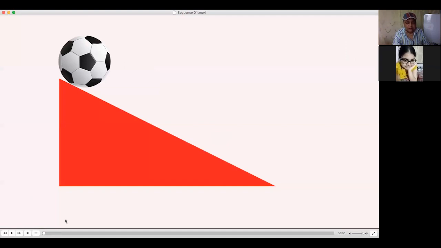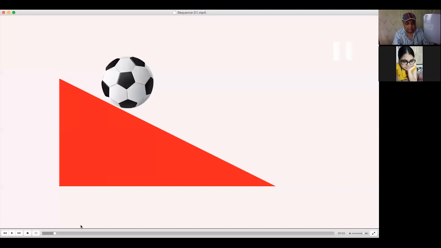So let us examine, say, a football as it comes down an inclined plane. When does it start rolling? As it comes down, what is happening here? Let's find that out.